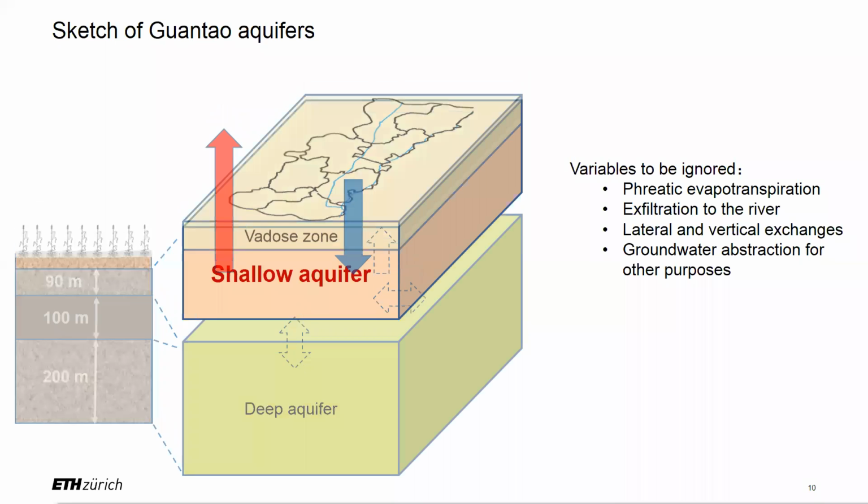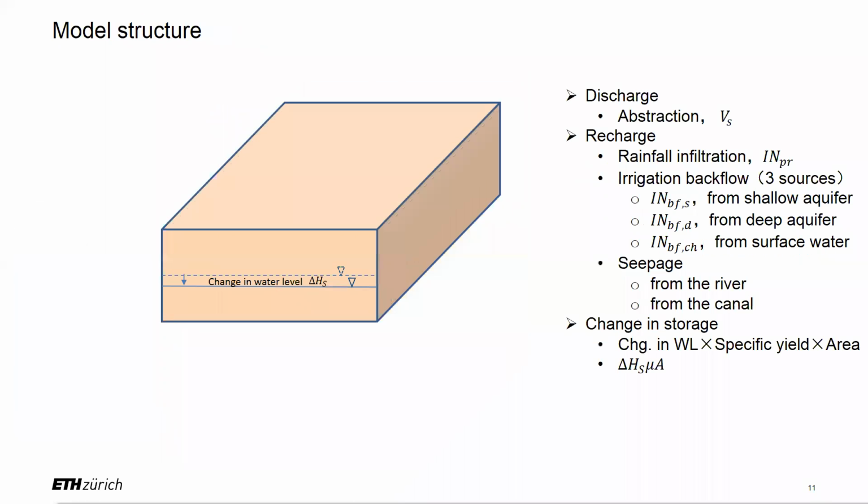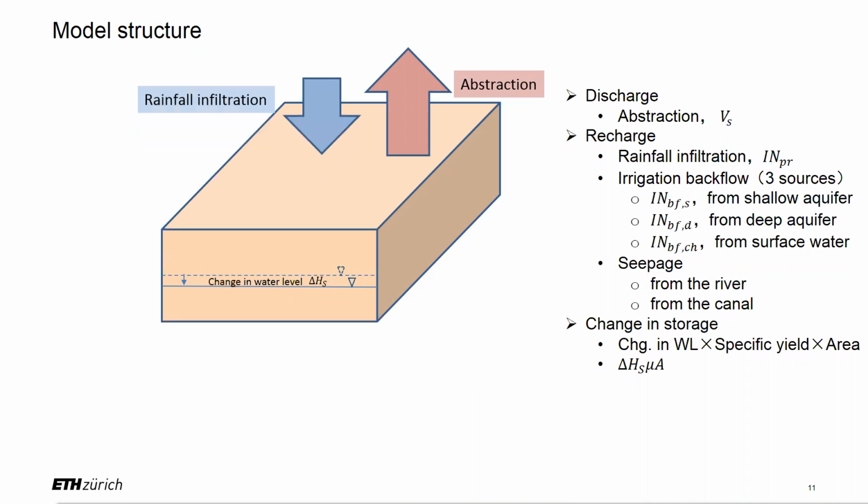So let's look in detail at this shallow aquifer box. First is the discharge. There is only one discharge, the abstraction for irrigation. For the recharge, first there is rainfall infiltration, and second there is irrigation backflow. The irrigation water comes from the shallow aquifer, deep aquifer, and surface water.